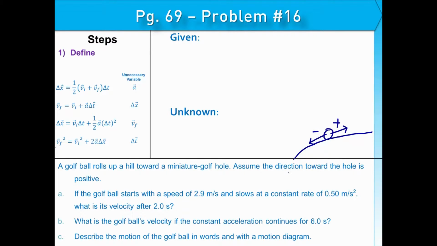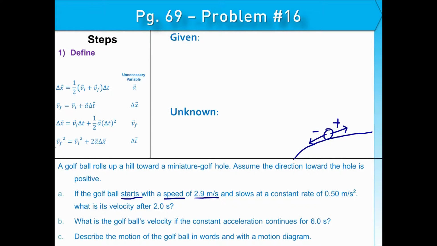With all word problems, you have to look for key elements or words that tell you what variables you have. So let's start with part A. If the golf ball starts with a speed of 2.9 meters per second, there are some key words in that sentence. The first one is starts, the second is speed, and the other is 2.9 meters per second.